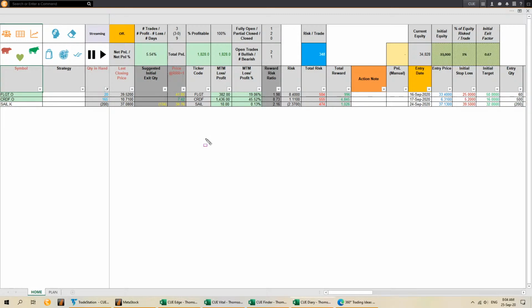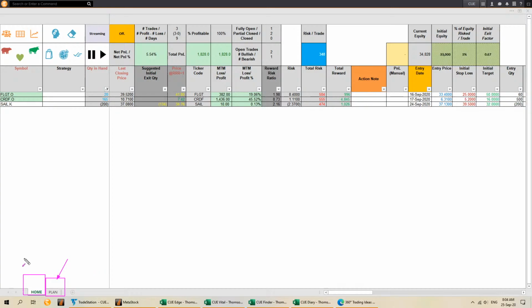This is Q Diary. It has two tabs. One is the home tab, that is the diary where trades are logged, and one is the plan tab. Plan is used to decide the sizing. Where is the entry price, where is the stop loss, where is the target, and based on that it calculates the trade size.